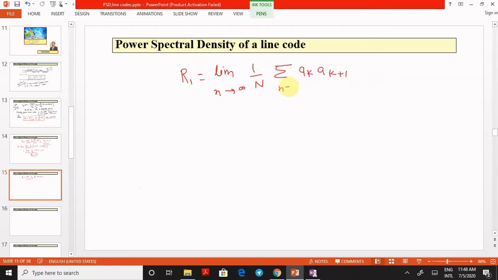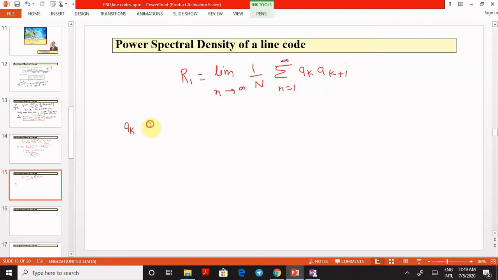We have already seen the formula, ak into ak plus 1. Now see, ak into ak plus 1, it means that we need the value of ak and ak plus 1 both. So definitely we know that ak can have the values either plus 1 or minus 1. Similarly, ak plus 1 also can have the values either plus 1 or minus 1.